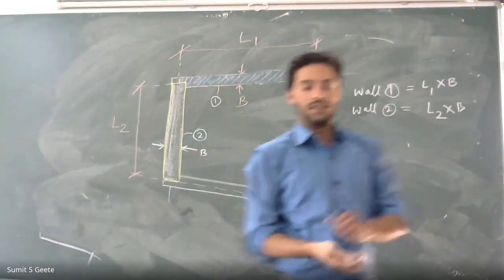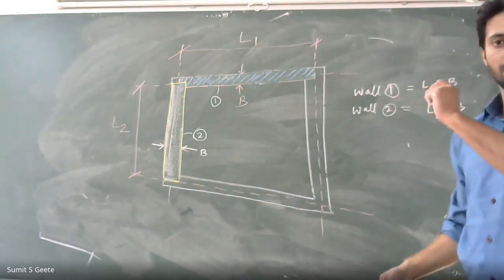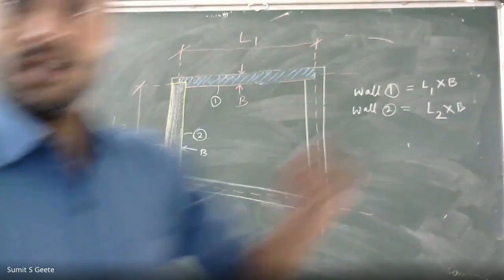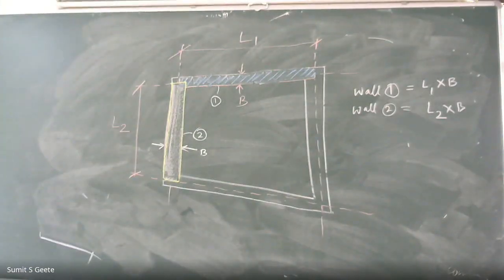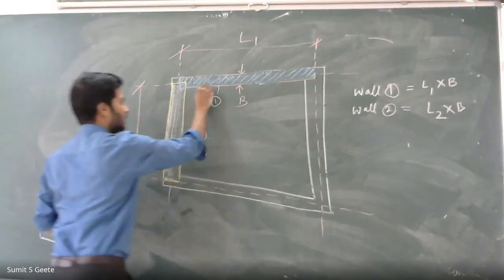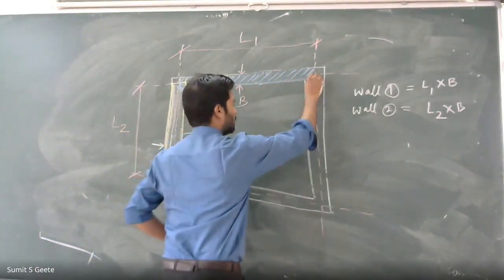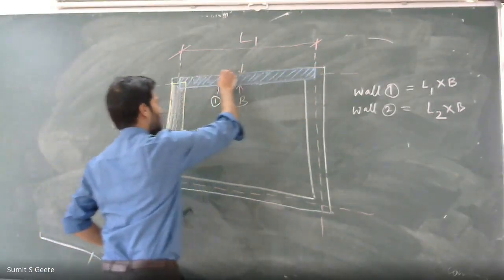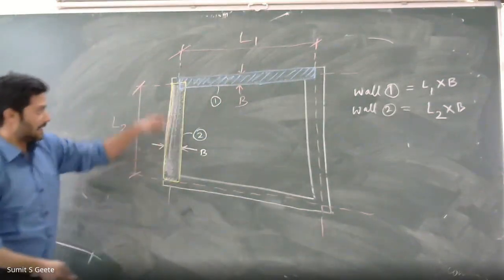Is it okay? Yeah, clear. Yes, sir. Please listen, this is the most important concept. Is this okay? Means in the first case, this is the area. In the second case, this is the area.